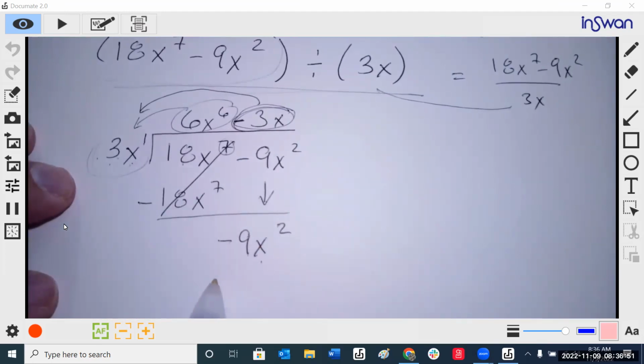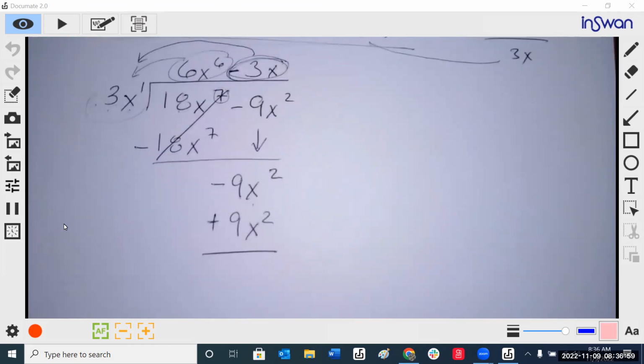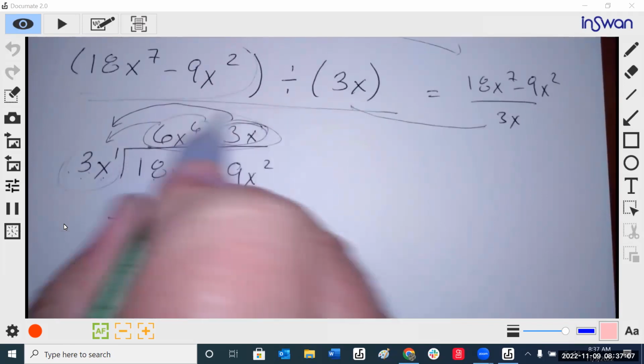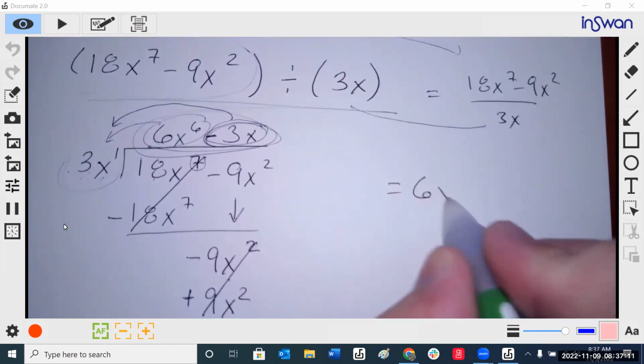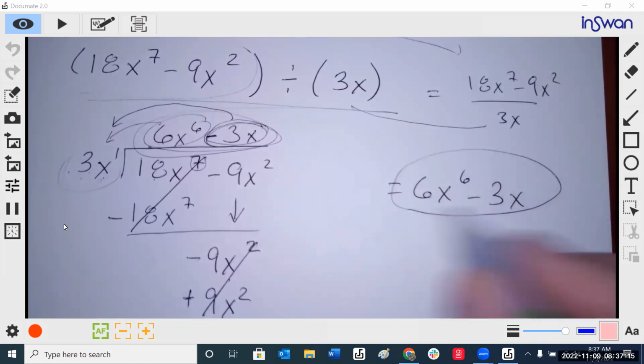Negative times positive is negative. 3 times 3 is 9. X times x is x squared. Subtract. So what you're doing is changing signs and adding. Cancel, there's a remainder. So there's your answer. The answer is 6x to the 6 minus 3x. That's your quotient.